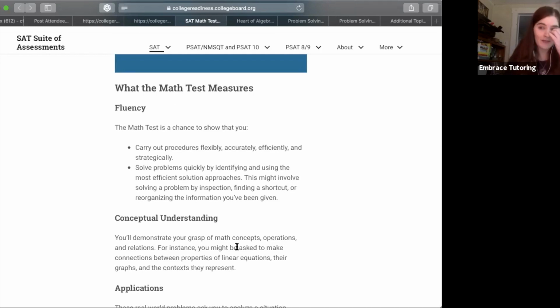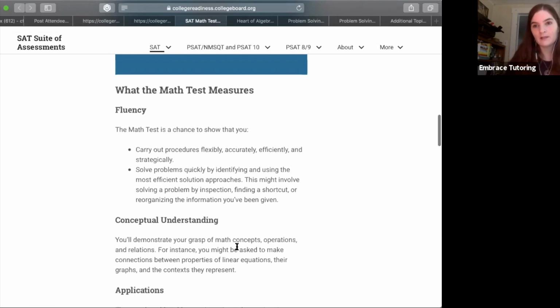That's testing your ability to identify that this question could be solved multiple ways, but I'm not going to use the complex math version. I'm going to use a simpler math version because it'll take less time and it's more effective for me, but I understand that there is another way.